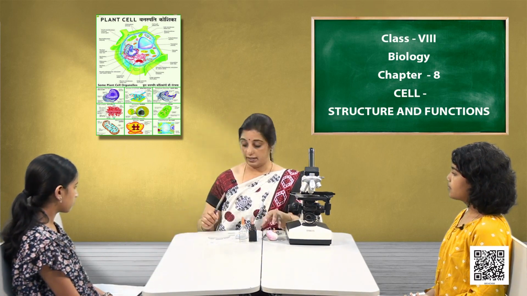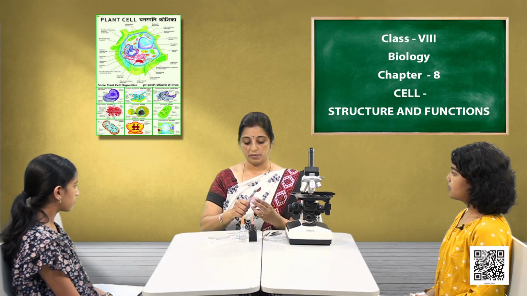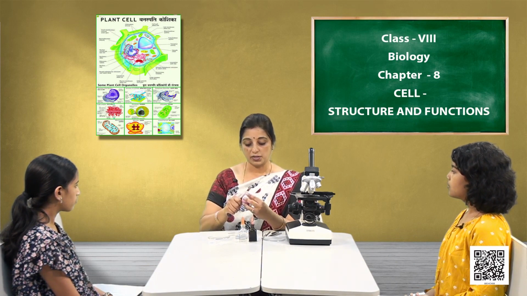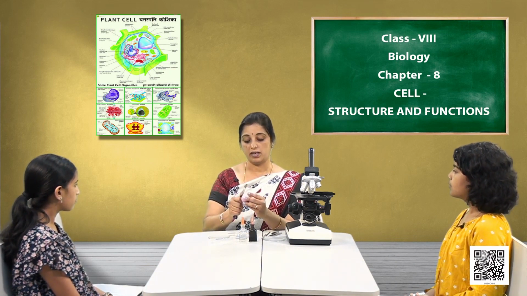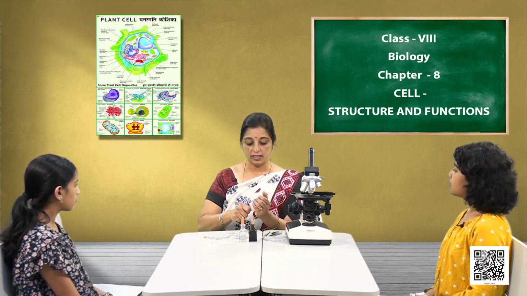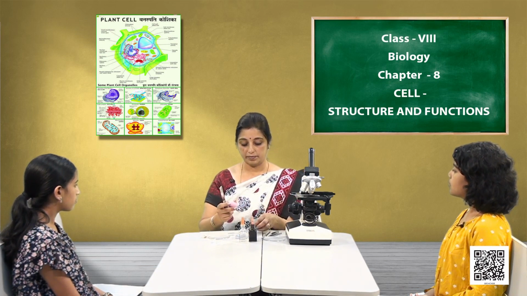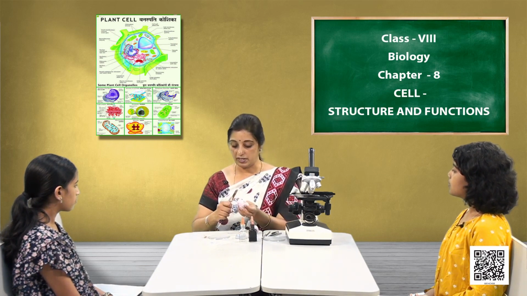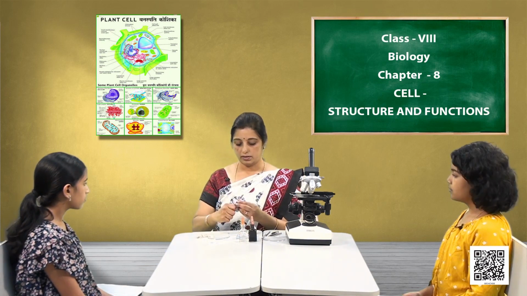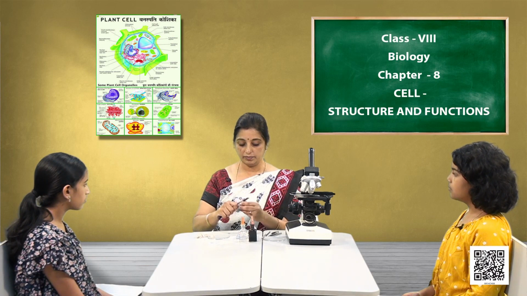So let's get started. I'm going to cut this onion into 2 halves. This is an example of a reduced stem. The part you see, the edible part, is actually the scale leaves of the plant. The stem is reduced here. So I'm going to get a peel from this. I'm going to take an inner peel.